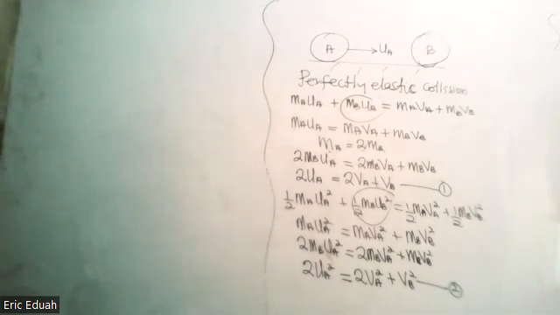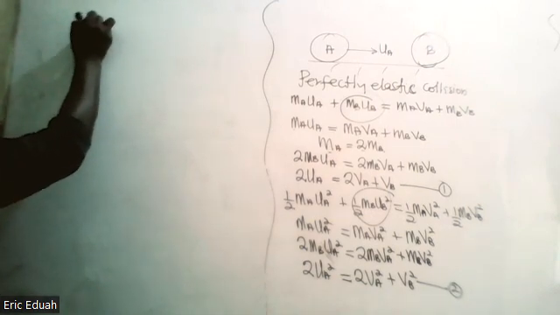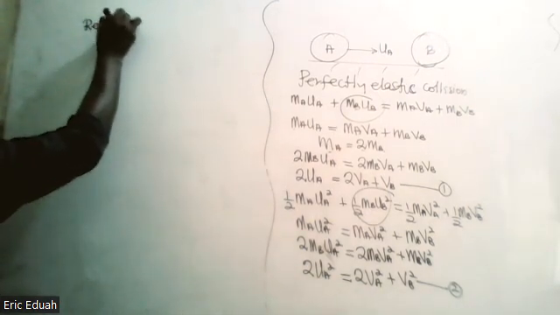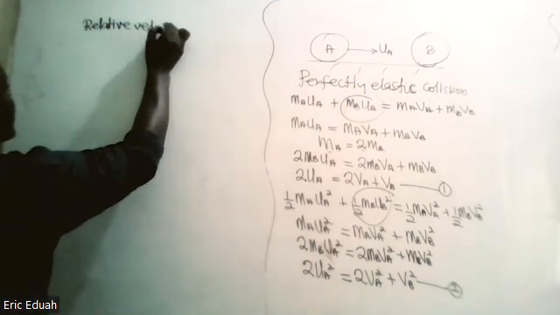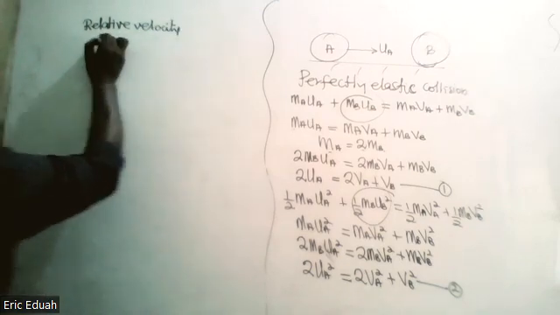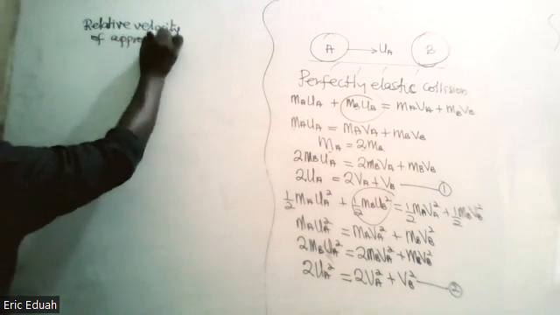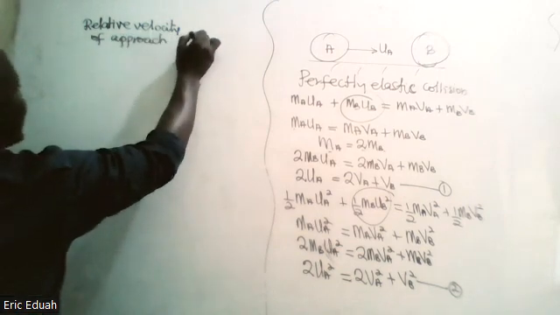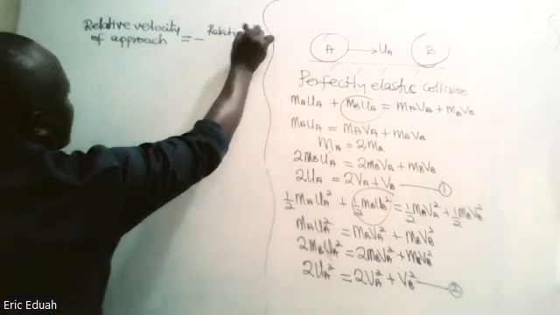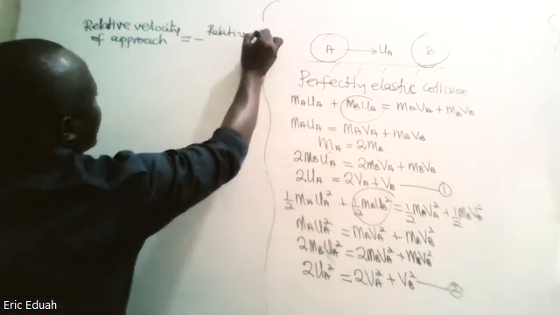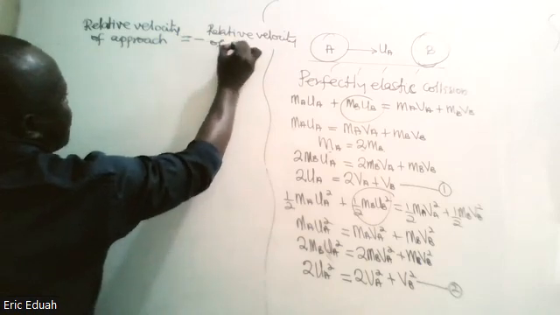In the coefficient of restitution, we are saying that the relative velocity of approach is equal to the negative relative velocity of separation.